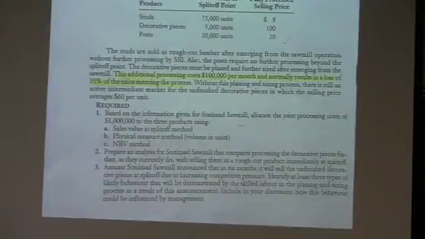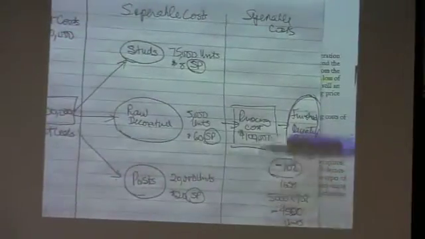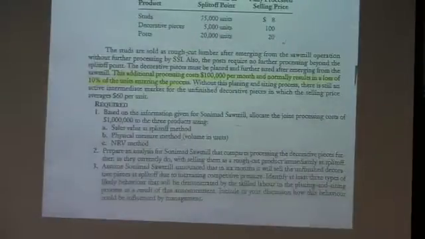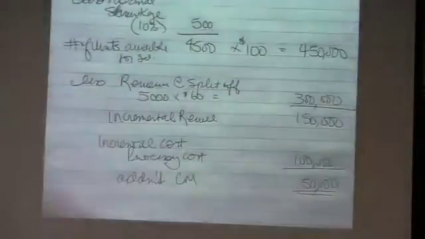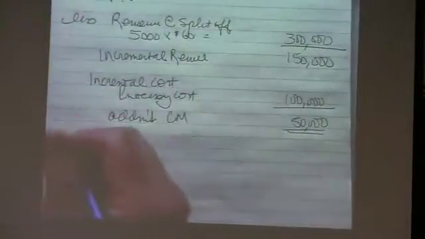So in other words, what's the impact for the folks that are processing this further? So all the skilled labor that's associated with this 100,000 processing cost further, what's the impact to them? And then include in your discussion how this behavior could be influenced by management.